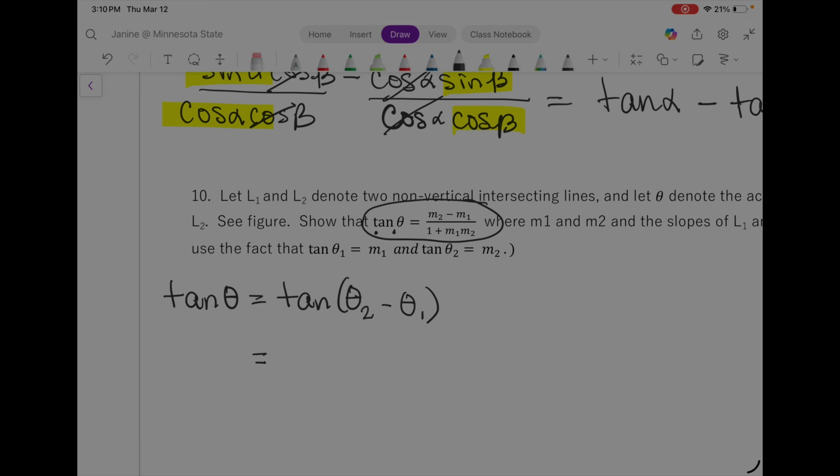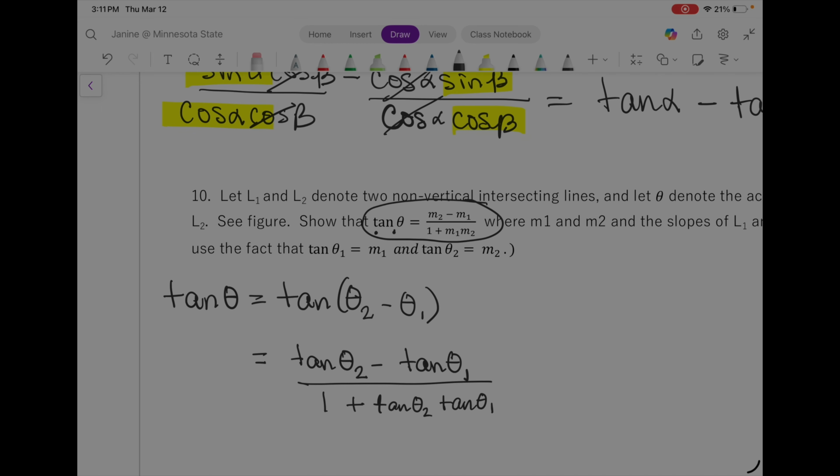And it would look like tangent theta sub 2 minus tangent theta sub 1 over 1 plus tangent theta sub 2 times tangent theta sub 1. Okay?